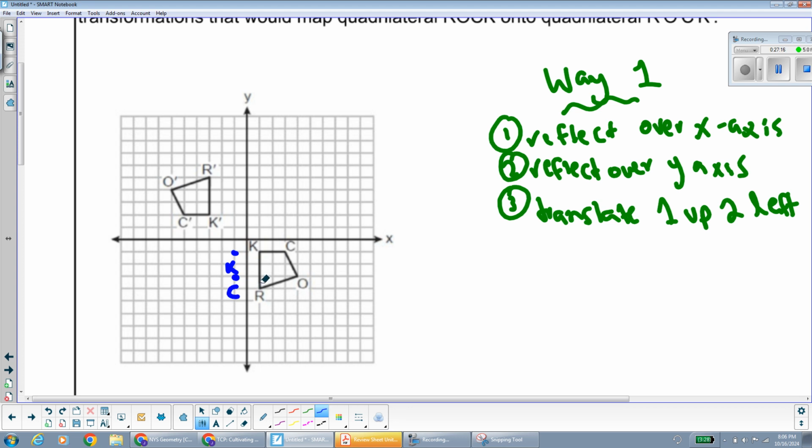Where point C falls. Oh, and I might have forgot to mention, I'm rotating around the origin. Easier that way.